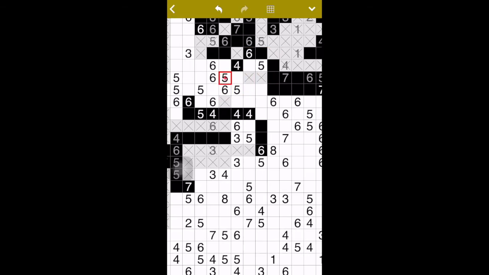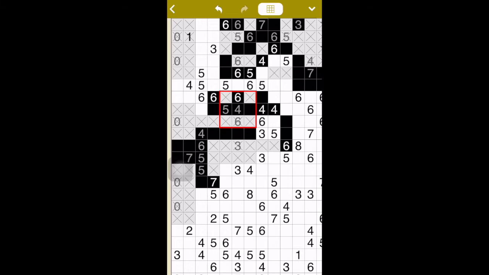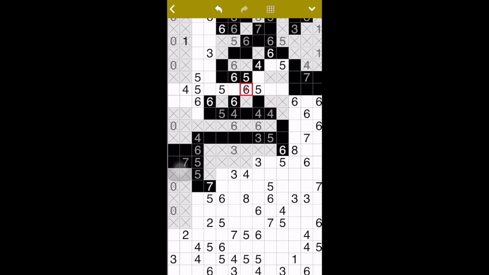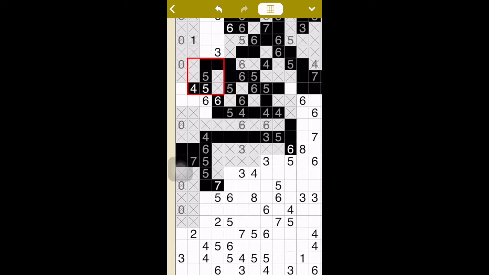6 and a 5, difference of 1, right? So I could do that. Difference of 1, two black spaces, so 1 there. Okay, now I could do these. I could get the 5. 6 and a 5, right?